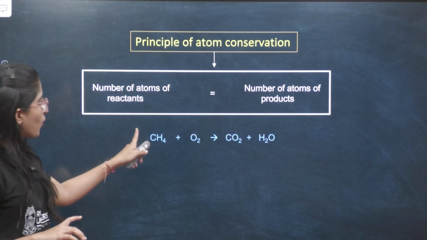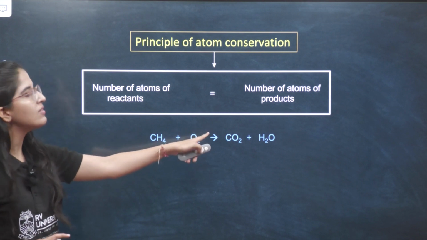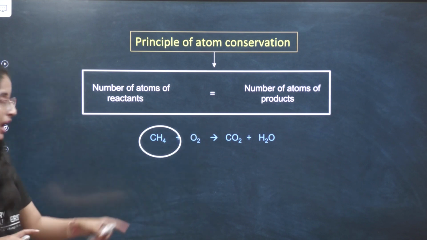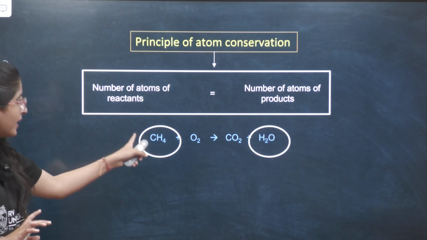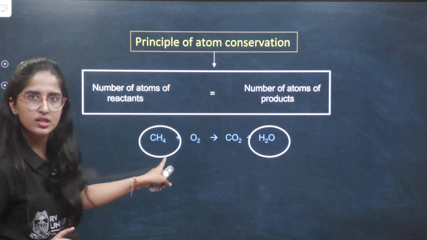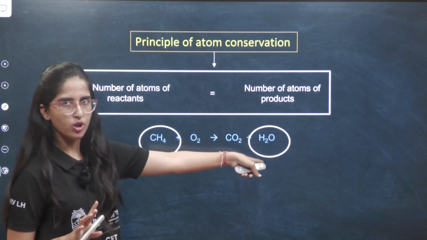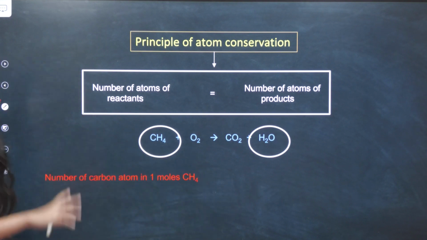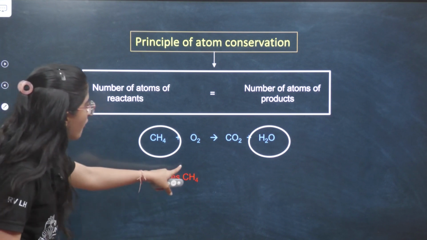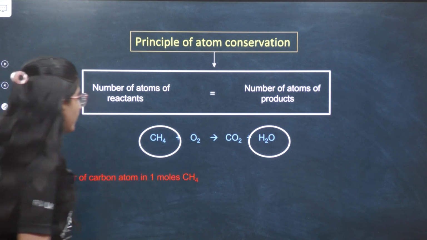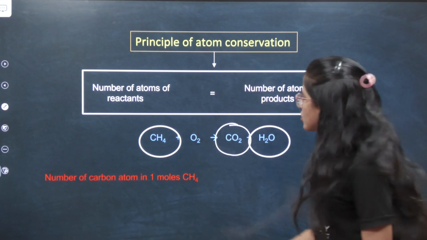So see here, if you have CH4 methane combining with oxygen to give CO2 and H2O, I will take CH4 and talk with respect to this. In this CH4 hydrogen is there, and hydrogen is there in the water also, on the product side. But actually I'm talking about carbon in CO2.